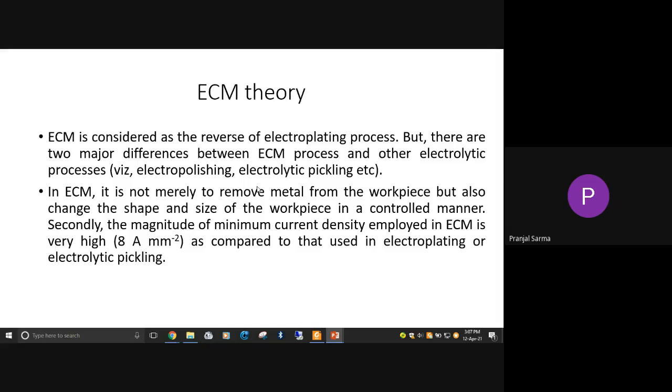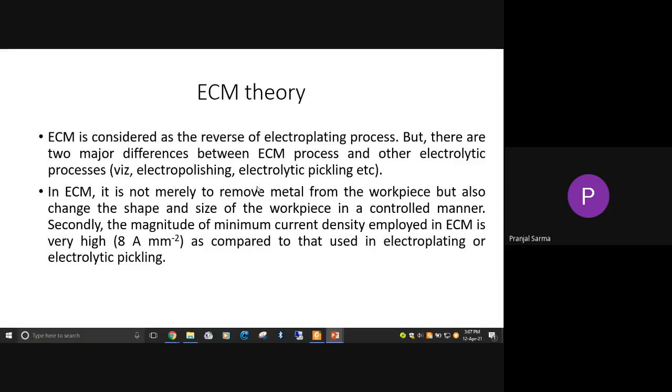That is one of the very important aspects of it. It cannot be a random kind of removal. Whatever shape we want on that particular workpiece, based on that we go for this ECM process, this removal process, and alter the shape and size of the workpiece, and everything has to be done in a very controlled manner.